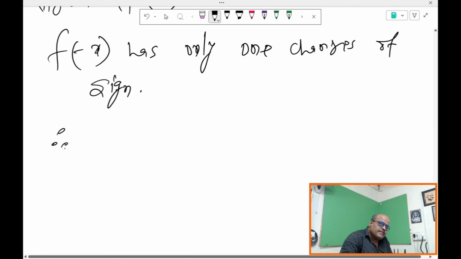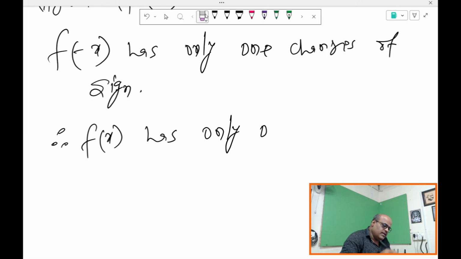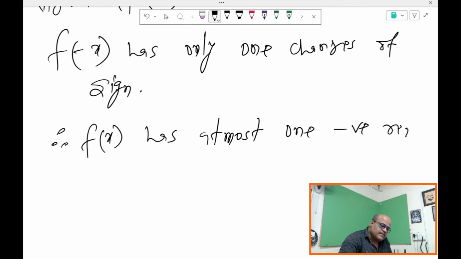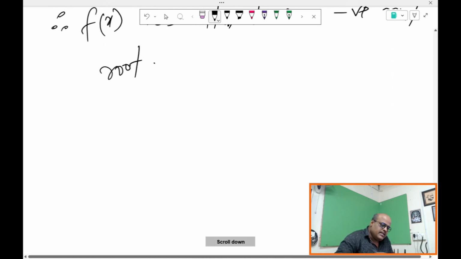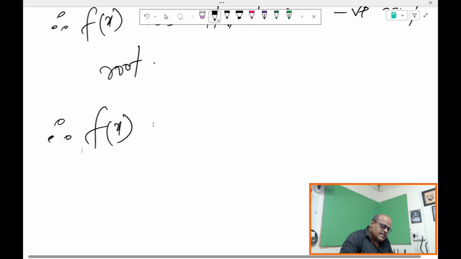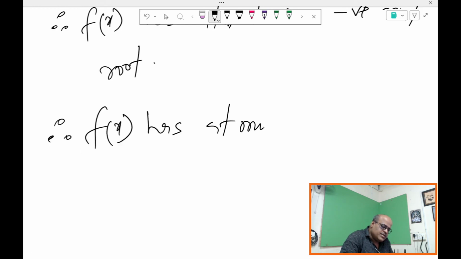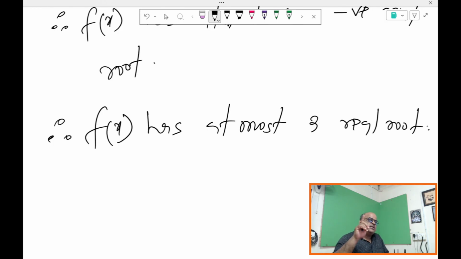This means f(x) has at most one negative real root, meaning either one negative real root or no negative real root. Here confirmation came: f(x) has at most 3 real roots. At most 3 real means out of 5 roots, at most 3 real roots will happen. At most means no real root is also possible, but the degree is odd, so we can't say no real root.